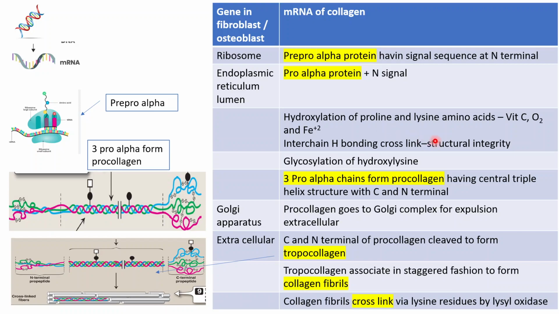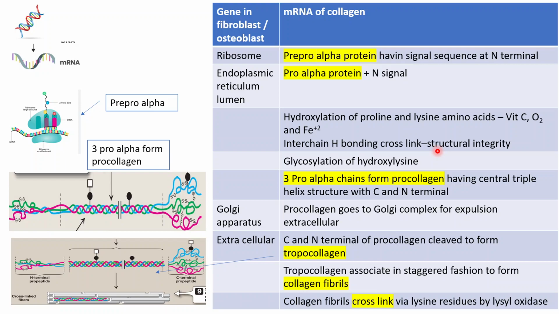If the structural integrity of collagen in the basement membrane is poor, it can lead to breakage of the collagen. In blood vessels, which have basement membrane type collagen, it can lead to bleeding, which is commonly seen in vitamin C deficiency, or scurvy.